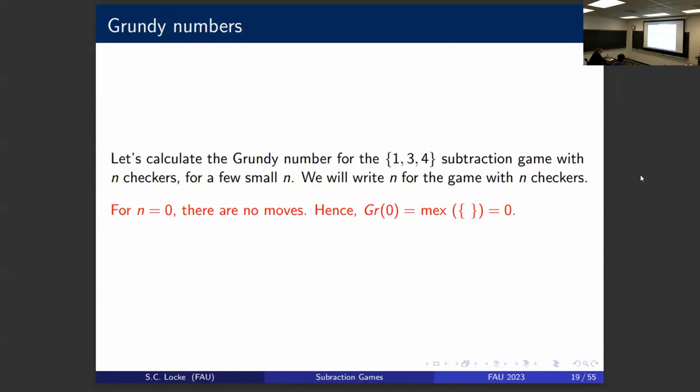Okay, so let's go back to this 1, 3, 4 game for a little while. And we're going to look for a few small n's. We're going to write down what the Grundy numbers are. So for n equals 0, there's no move. So the Grundy number for 0 is the mex of this empty set. You didn't define mex of the empty set to be zero. You didn't define it at all, did you?